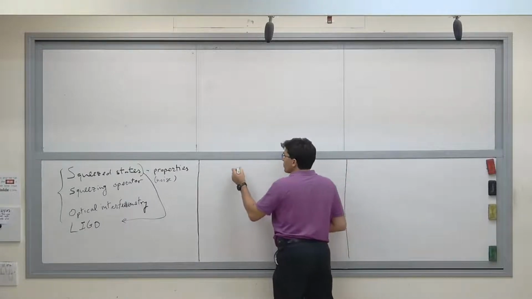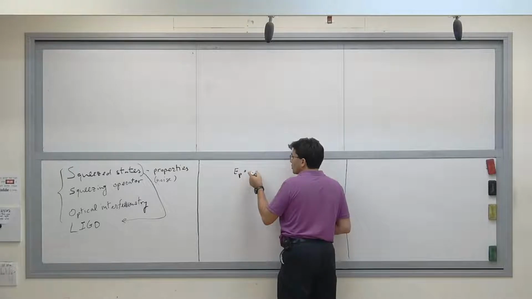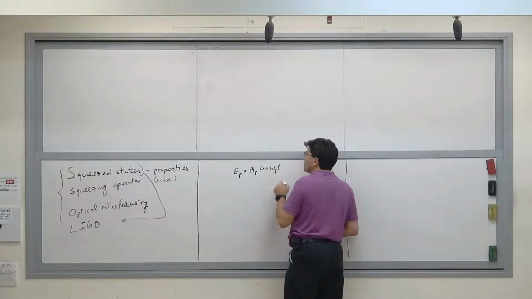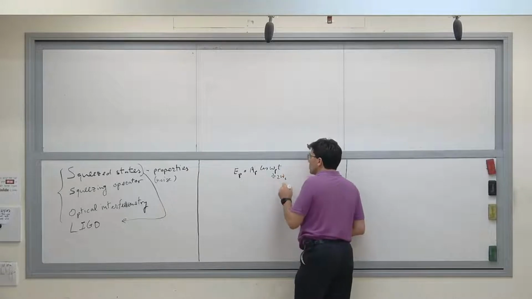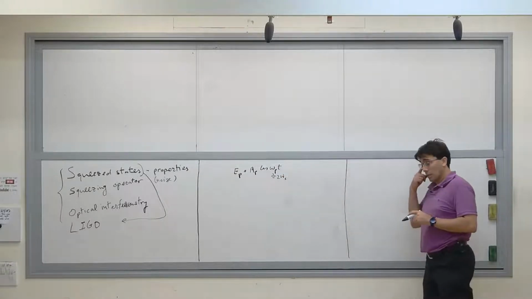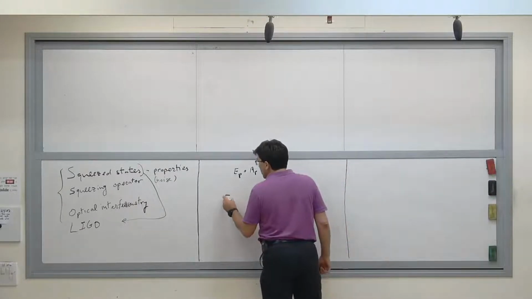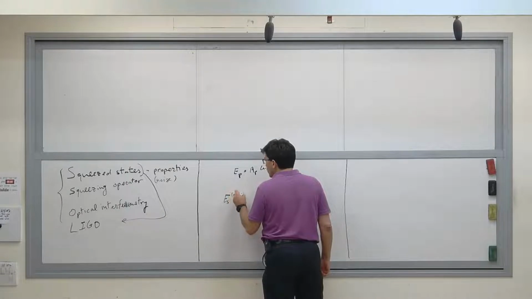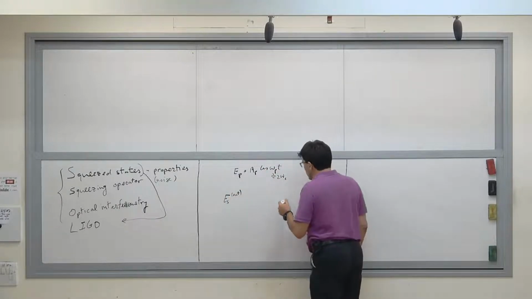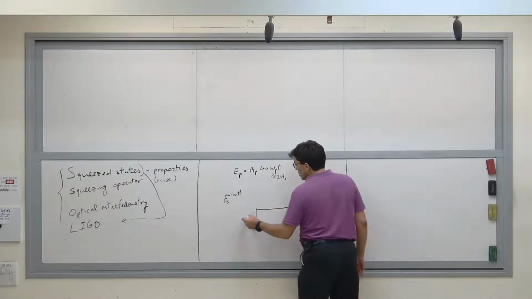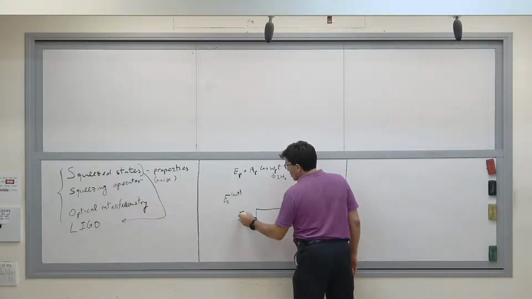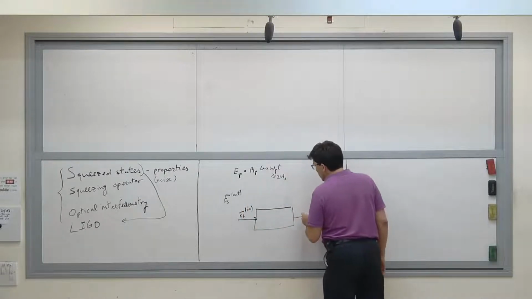I have E pump, which has some amplitude times cosine omega pump t, and omega pump equals approximately twice omega signal, because as we mentioned, the parametric amplifier has something like this. And now we want E signal as it comes out of the medium. So I have a medium, and E signal comes in here. Something happens to it, and it comes out.